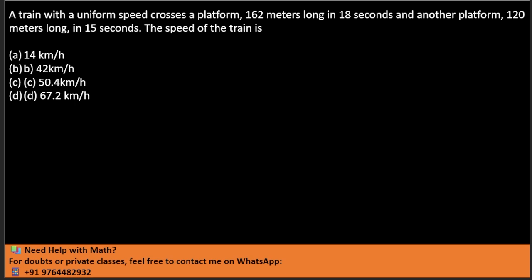So the speed of the train we need to find. Here in this we don't have the length of the train. So how to find it?